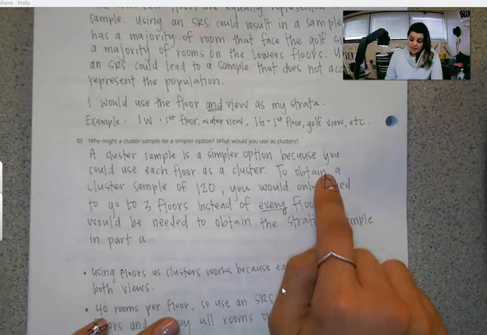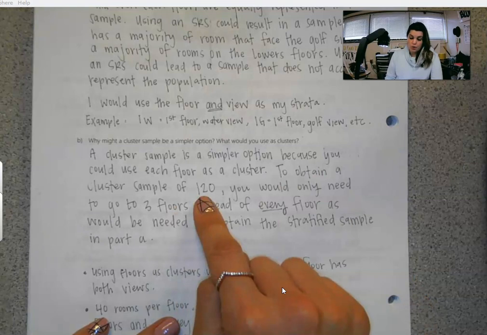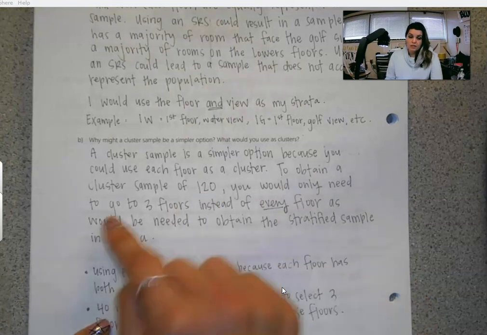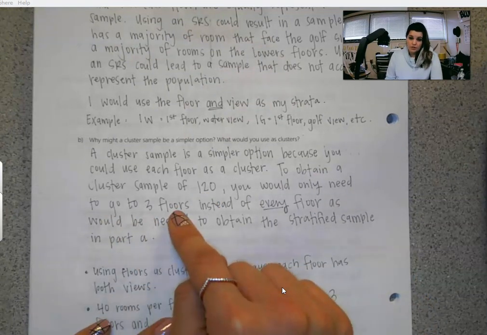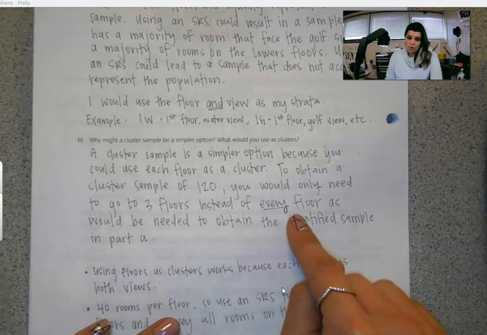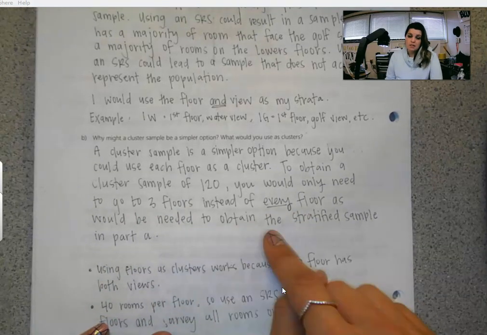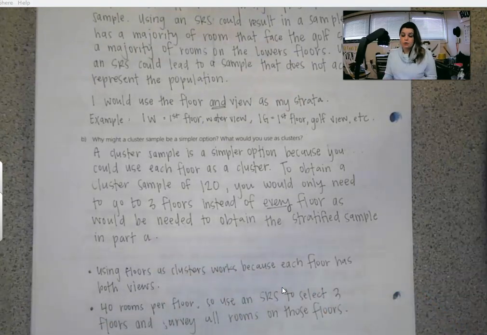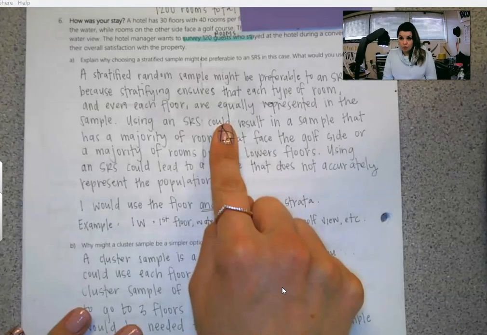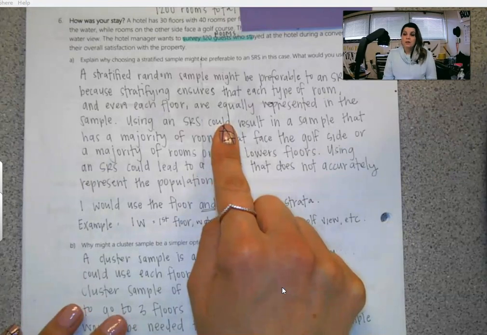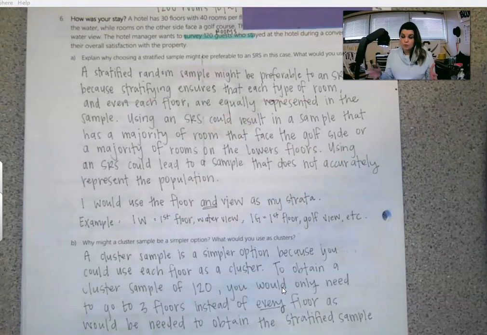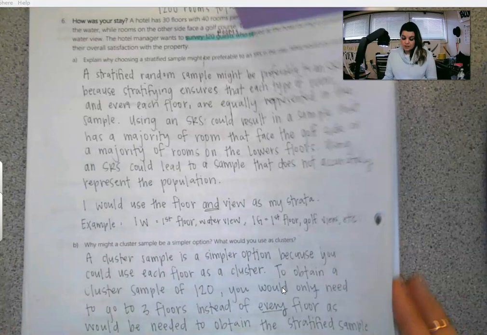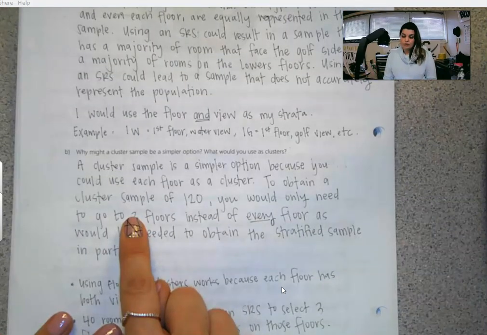So to obtain a cluster sample of 120, you would only need to go to 3 floors instead of every floor, as would be needed to obtain the stratified sample in Part A. So Part A, you got to go to every floor and choose 2 rooms from each side. A cluster, you would only need to go to 3 floors.